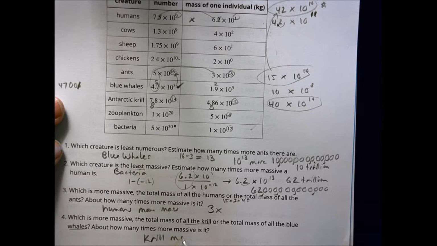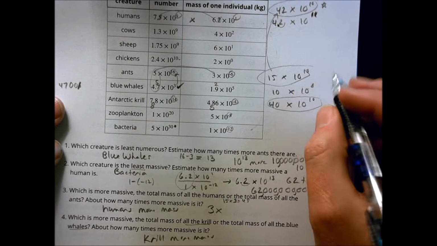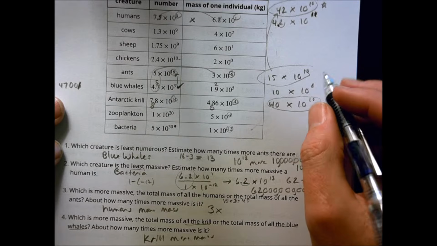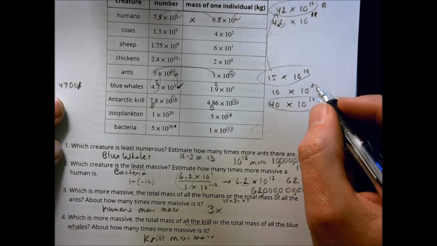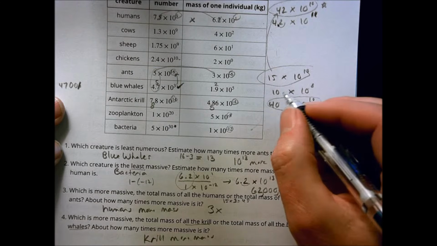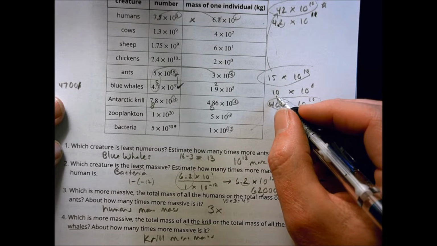The krill has more mass. And how much more mass is it going to be? Well, to do that, I'd have to put this either in terms of the 8th or put that in terms of the other one. So let's move this to the left, which is the left one.